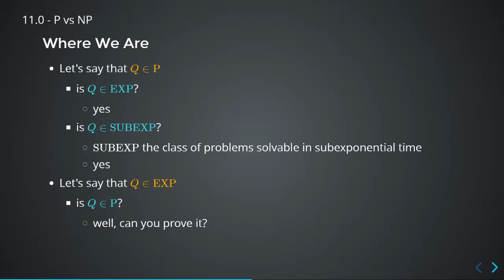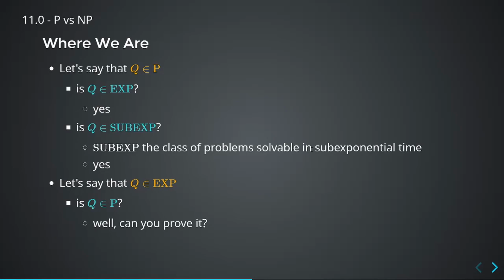If Q is in P, is Q also in SUB-EXP, where SUB-EXP is the class of problems solvable in sub-exponential time? And again, the answer is yes. If you can solve something in polynomial time, then you can also solve that in sub-exponential time. Because again, P is a subset of SUB-EXP. All the problems that you can solve in polynomial time can also be solved in sub-exponential time.